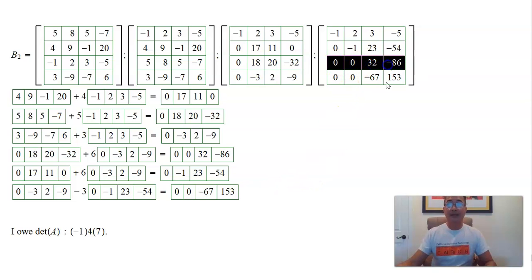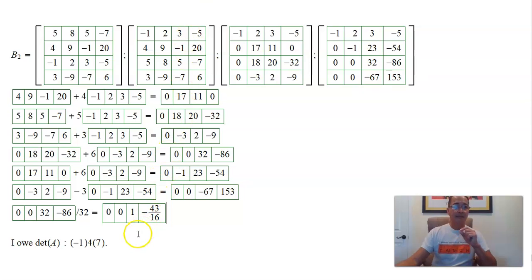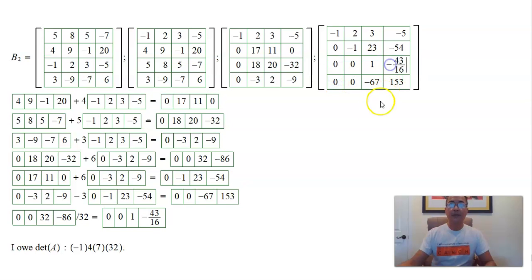So let's divide row 3 by 32. Okay. And because of that, now I owe a 32. Think of dividing out as factoring out. Right? So therefore, we have this new row 3.